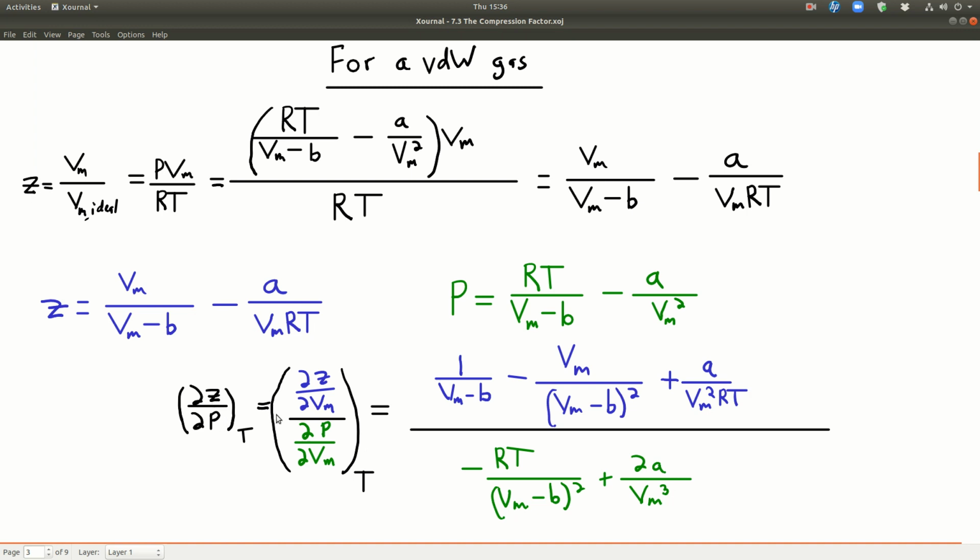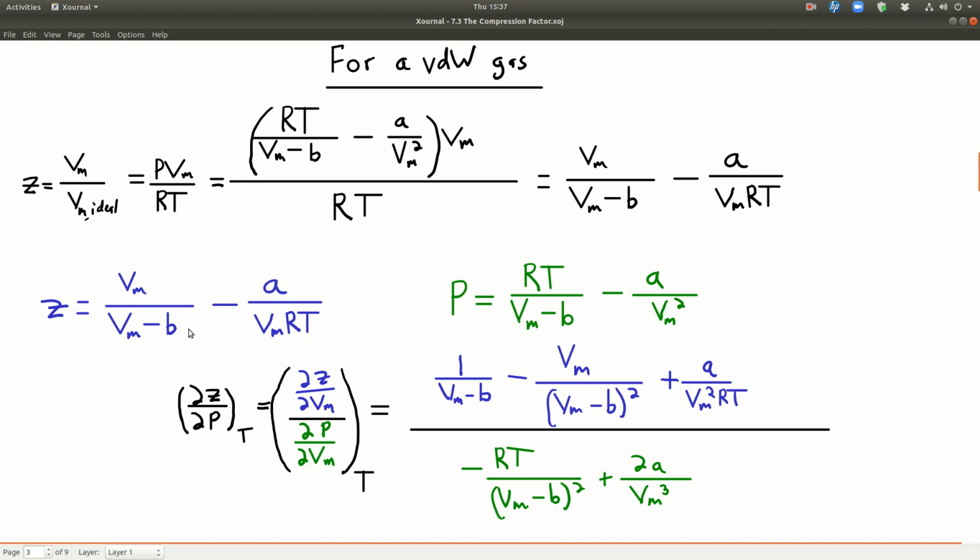It's convenient to write this in an equivalent form, where basically we divide by the partial of the molar volume on both top and bottom of this expression. Because partial Z with respect to molar volume, we can do that here. Partial P with respect to molar volume, we can do that here. So, partial of the compression factor with respect to molar volume, it's this top, the blue part up here.